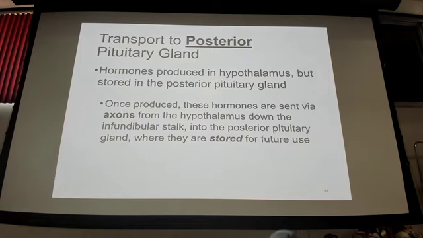So growth hormone releasing hormone, what do you think it tells the anterior pituitary to do? Make growth hormone. Anterior pituitary makes stuff, posterior pituitary stores stuff. The hypothalamic hormones are already made. Oxytocin and antidiuretic hormone are made in the hypothalamus, stored in the posterior pituitary, and then released as necessary. You see the difference?